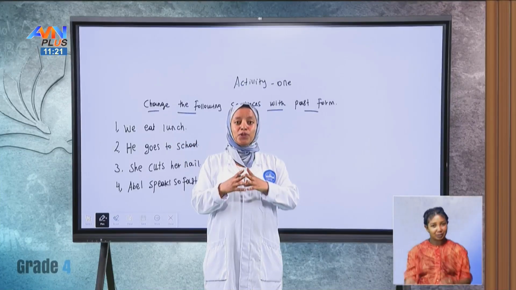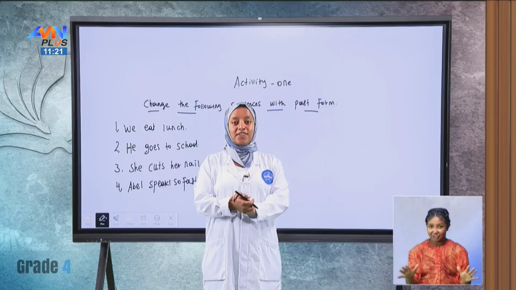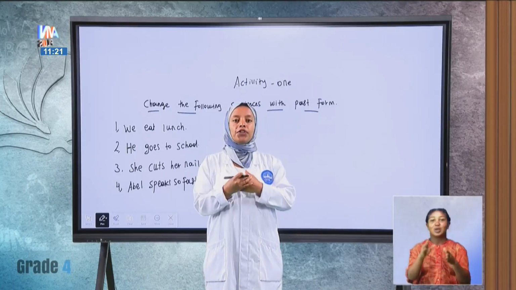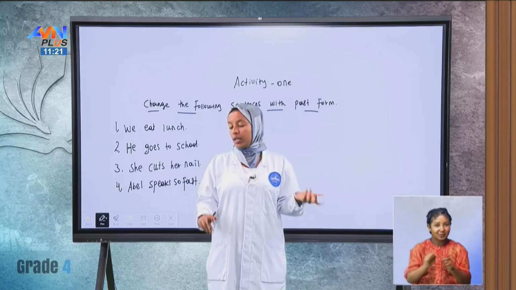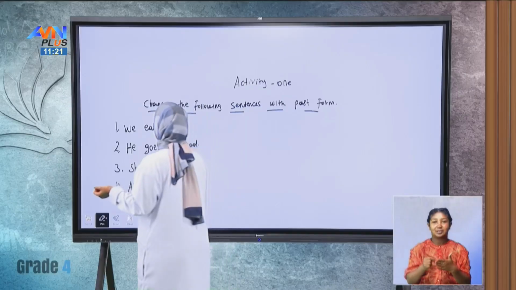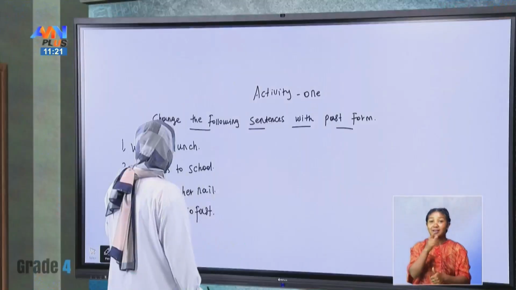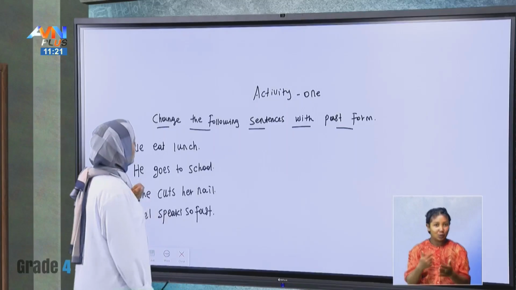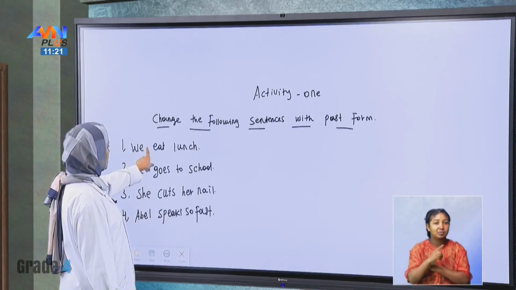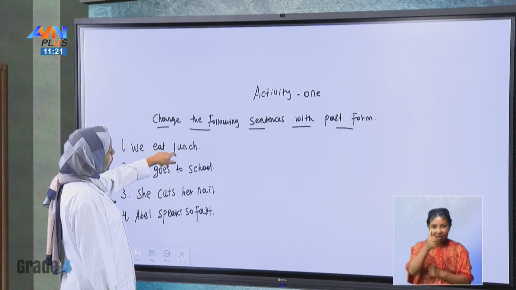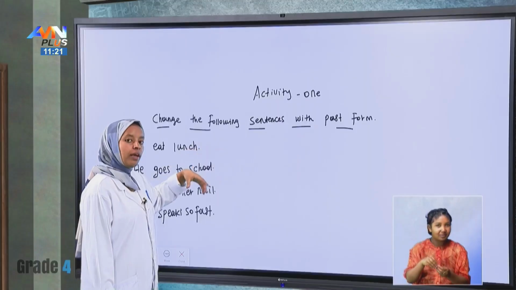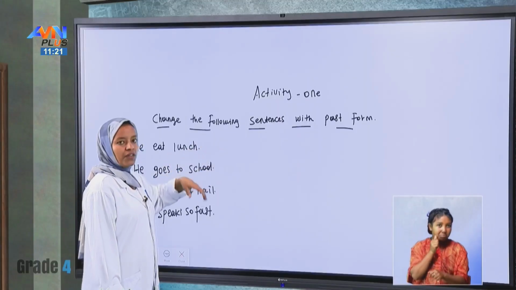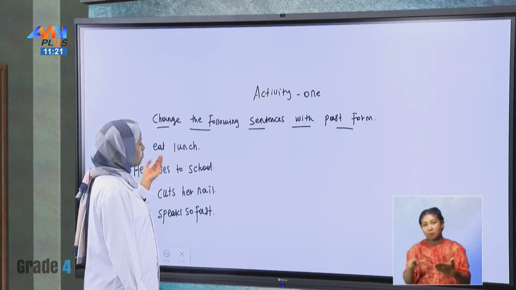Students, I hope you all have finished activity 1. So let me give you the correction and let us practice together. So here is question number 1. We eat lunch. Easily we can change. Here is eat. And we can also add a specific time like last night, last Friday, and also yesterday.